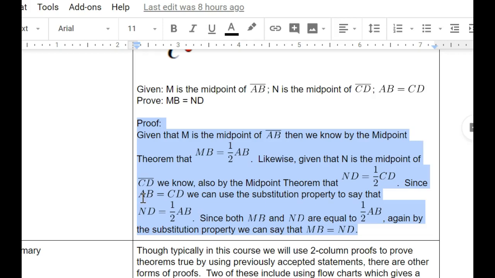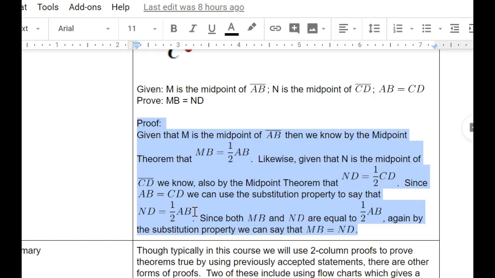These two things are equal, so I can take one out and put the other one in. So what I did here is I took out the CD, and what am I going to put in there? AB. So now ND is half of AB.